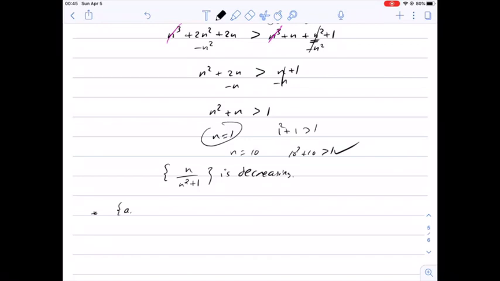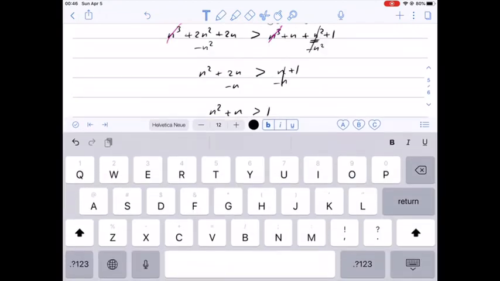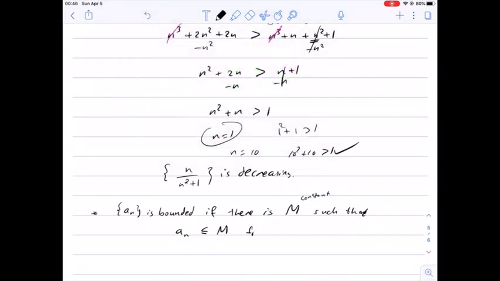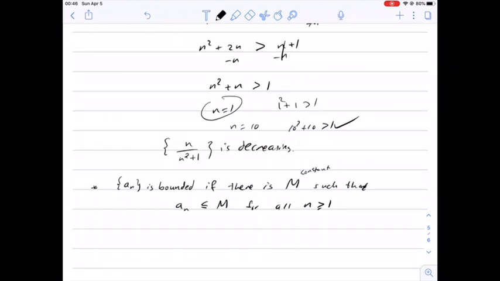Now we have some other concepts like the sequence is bounded if there exists some constant m, this is constant, such that a sub n is less than or equal to m for all n greater than or equal to 1.